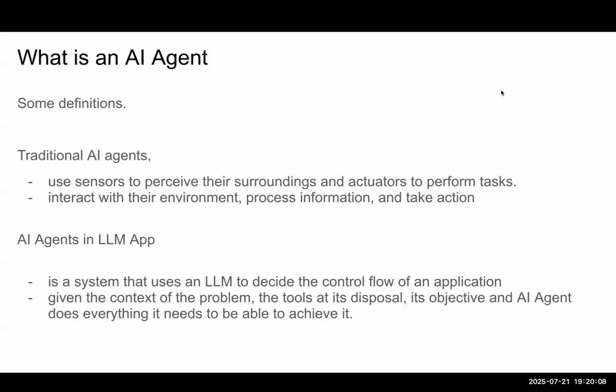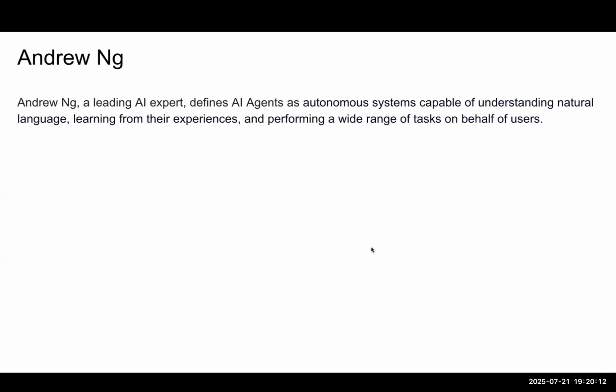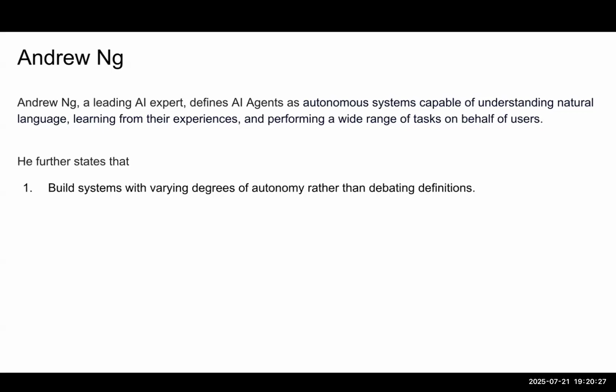But let's talk about what others in the industry, the top people, actually think about these agents. The reason we want to know from others as well is that folks are thinking differently. Slowly the consensus is coming on what an agent means, but let's see what Andrew thinks about that.